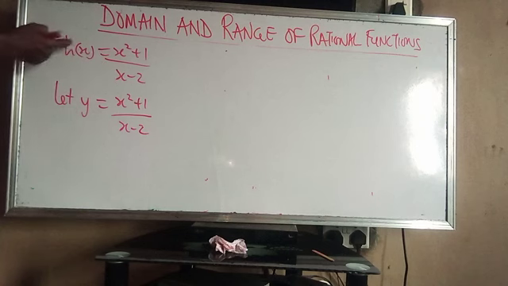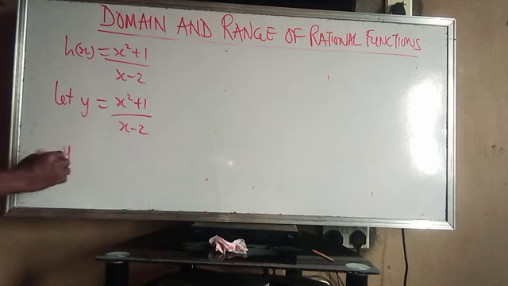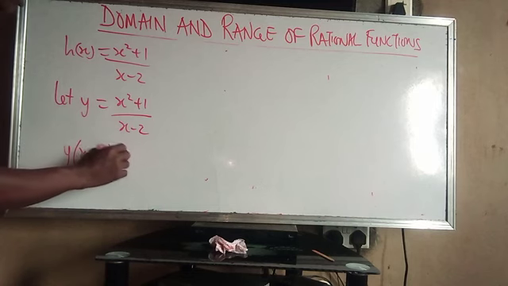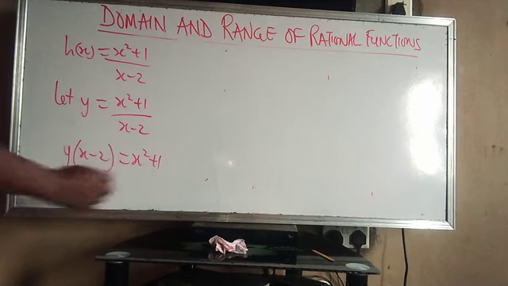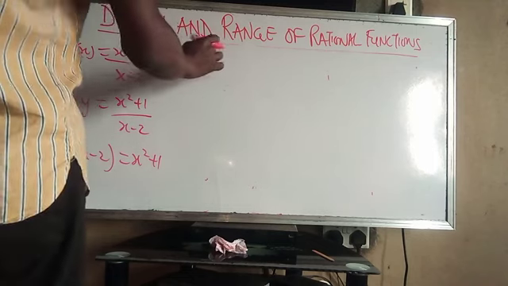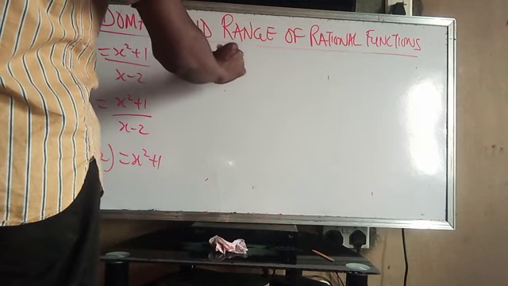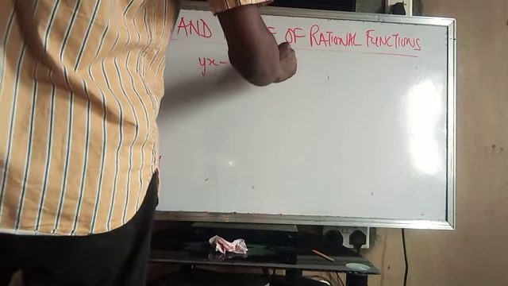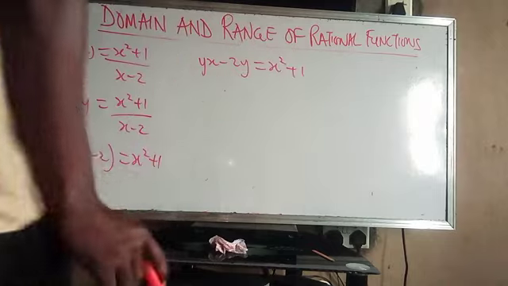So we now use y to replace h of x. h of x is the same thing as y. So cross multiply, we have y into x minus 2 equals x squared plus 1. So by the time we expand, we have yx minus 2y equals x squared plus 1.